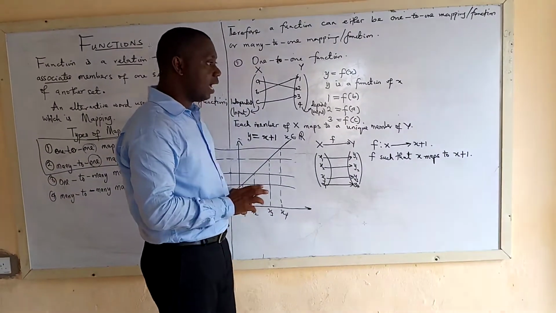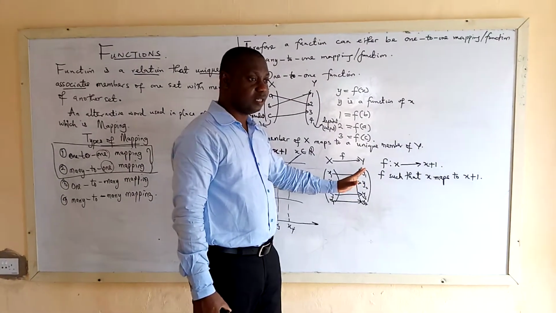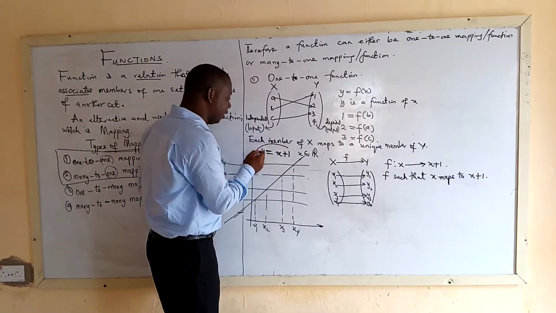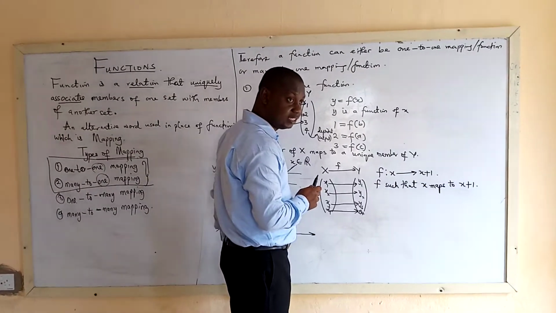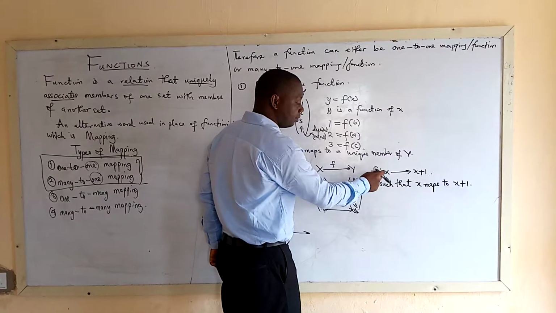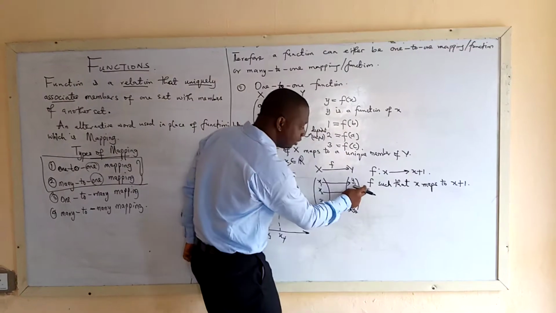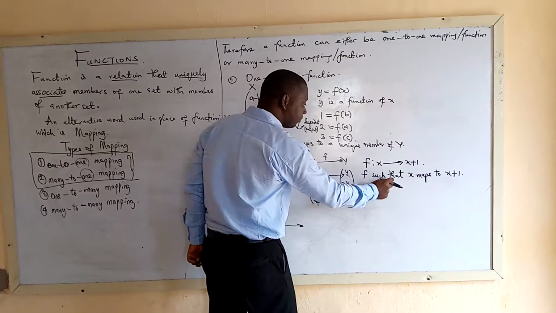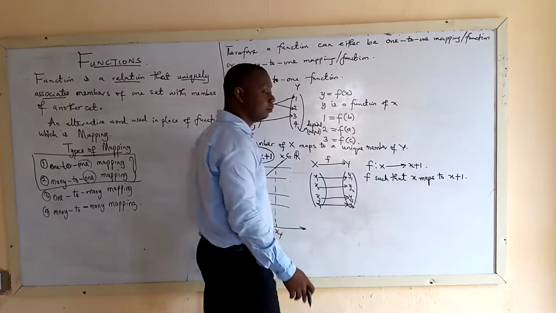And I said another way of writing this function is, if you want to write this in function form, you write it like this. Are you getting that now? You say function F such that x maps to x plus 1. So this is the way of writing it in words.